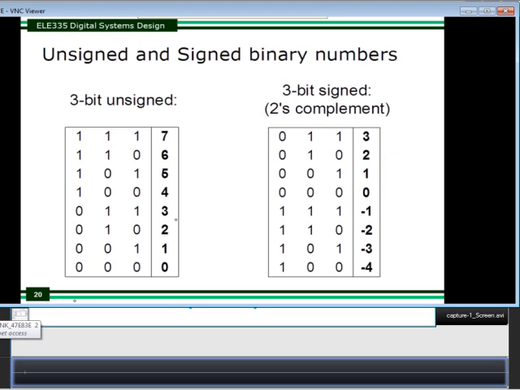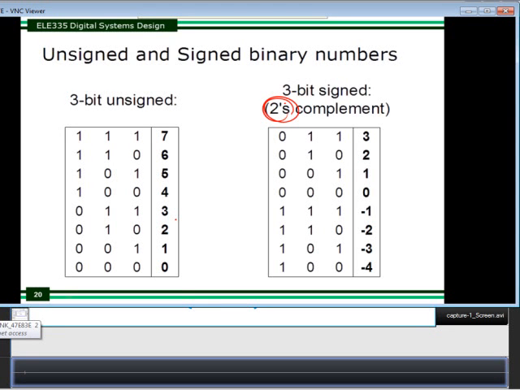Right, how do we represent a signed number in binary? Who can remember? Do we remember beloved 2's complement? Has anyone done 2's complement here? Has anyone never done 2's complement?